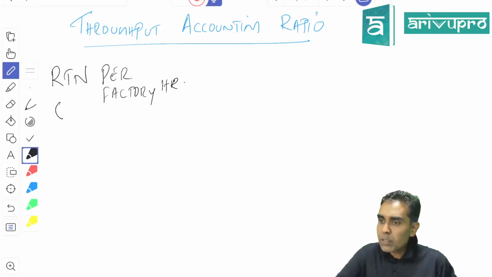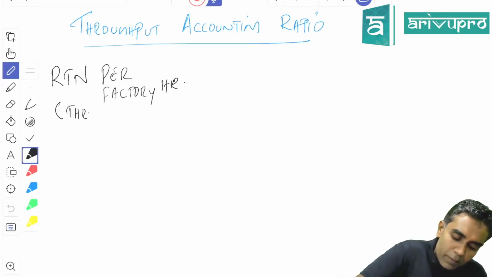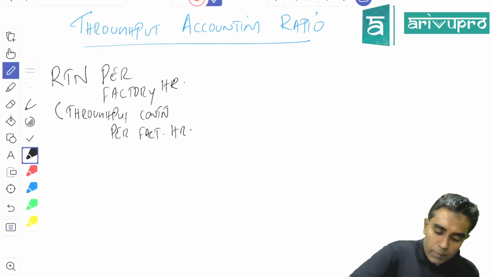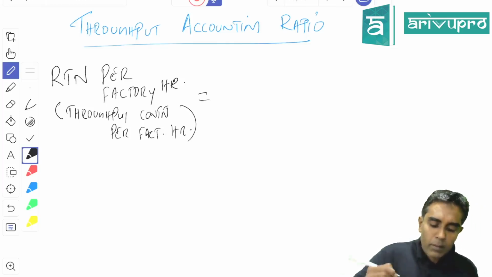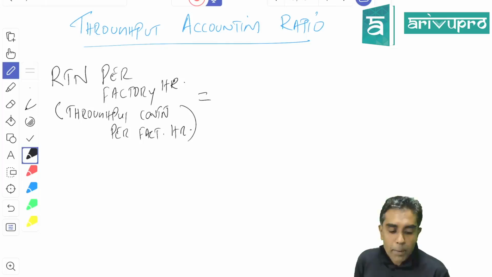But some books have given throughput contribution per factory hour. Throughput contribution per factory hour.